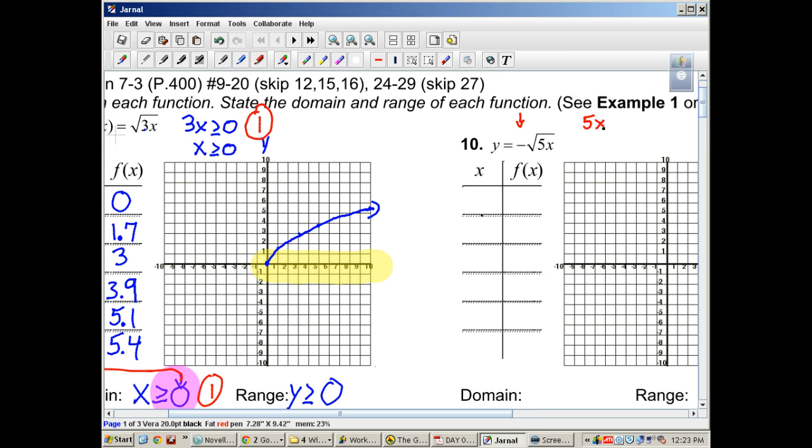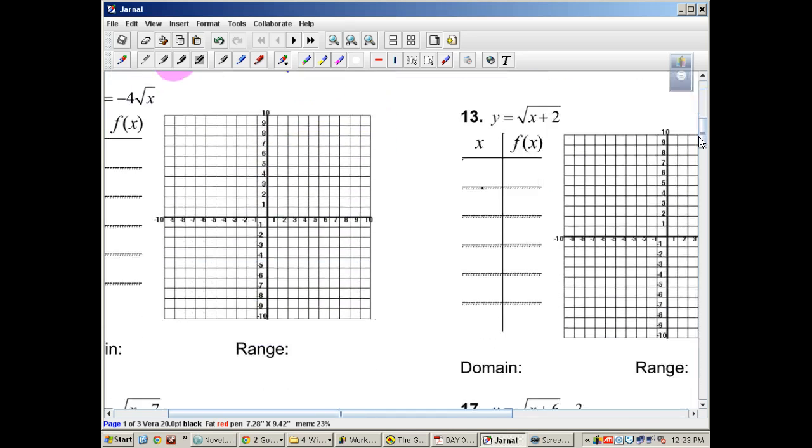Yeah, so take inside the square root, greater than or equal to 0, solve. So we get what? 0 again. There's our domain. Go ahead and start at 0. Count up. Don't have to count up by ones. You don't have to be perfect on your increments. It's not going to change anything.